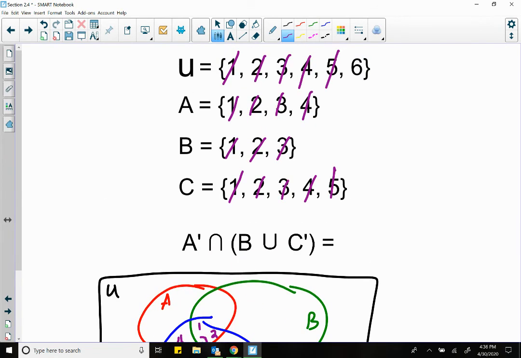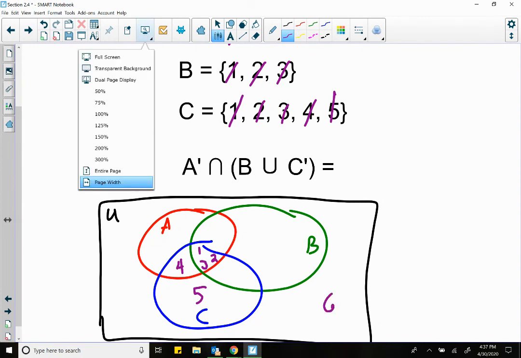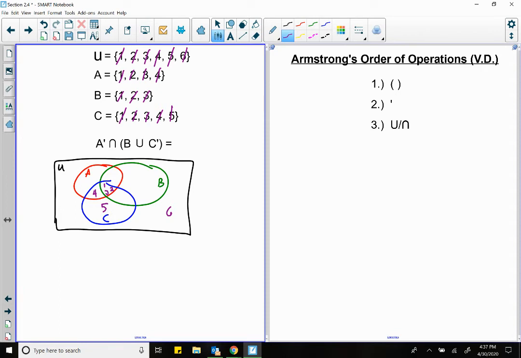And then last but not least, we're out in the universe. What is out in the universe? And that is the number 6. So we'll put 6 right out here in the universe. There's the Venn diagram. Let's go back to dual page. And now, hopefully you answered this question. If not, you can pause it and go.